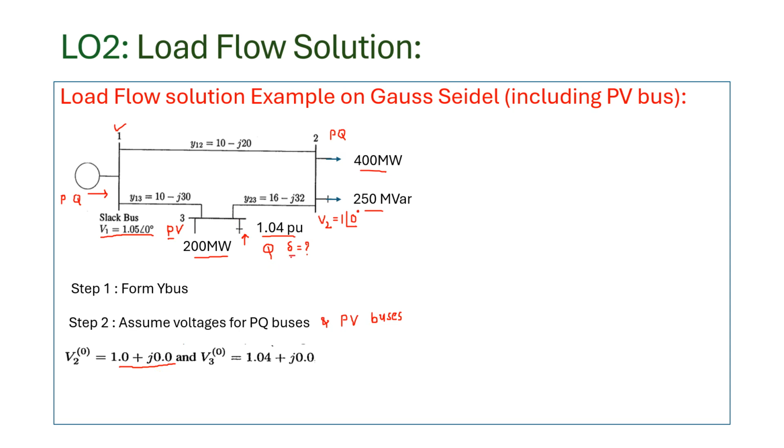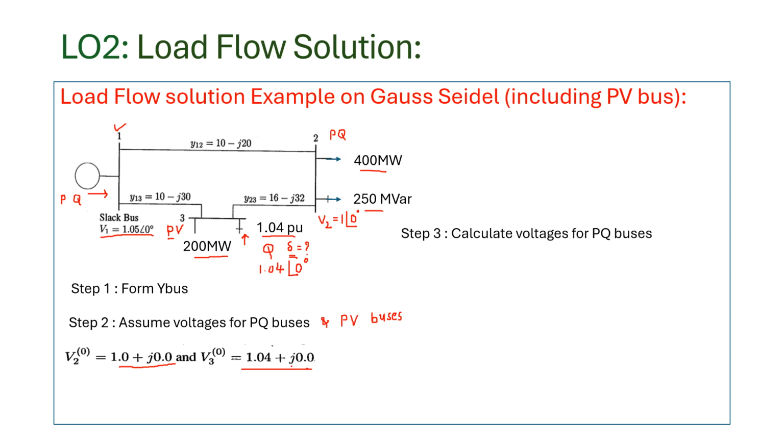Now we have to make an assumption for the phase angle. The magnitude is fixed, and the angle we assume as 0. So in rectangular form it is 1.04 plus j0. So this is the assumption part.